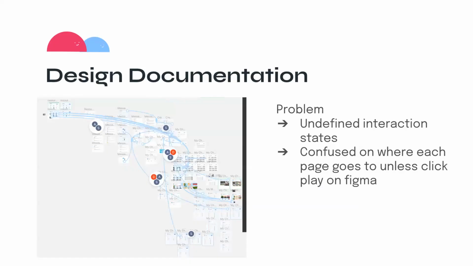Yeah, and for the design documentation, this is something that I also mentioned before, showing that these types of arrows shown to developers may be really confusing, and this is not really defined unless they click on the present view, and they may not always be organized. So it is important for you to understand that this type of interaction is not the most ideal way to show the interactive elements between different pages.